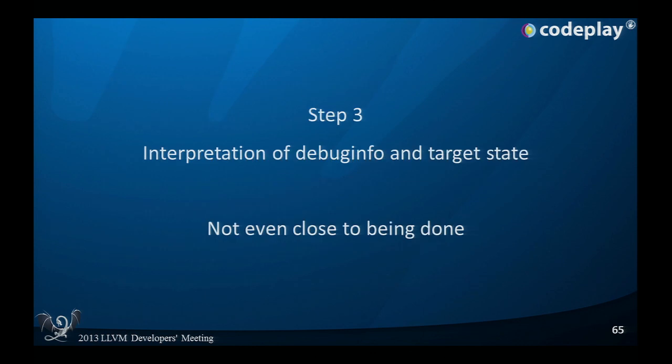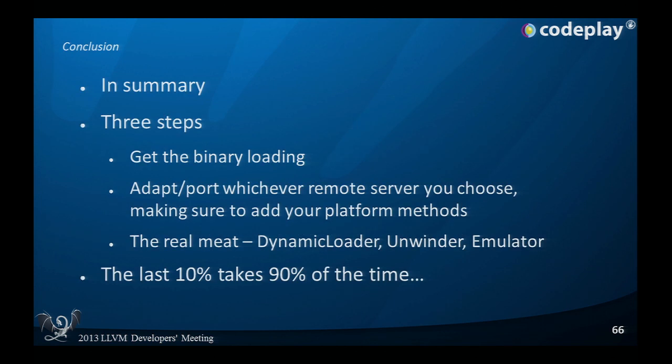So step 3 is not even close to being complete. It takes a very long time. So in summary, we have 3 steps. We get the binary loaded into the debugger. We adapt or port whichever remote server you choose, making sure to add to your platform and process methods where applicable.